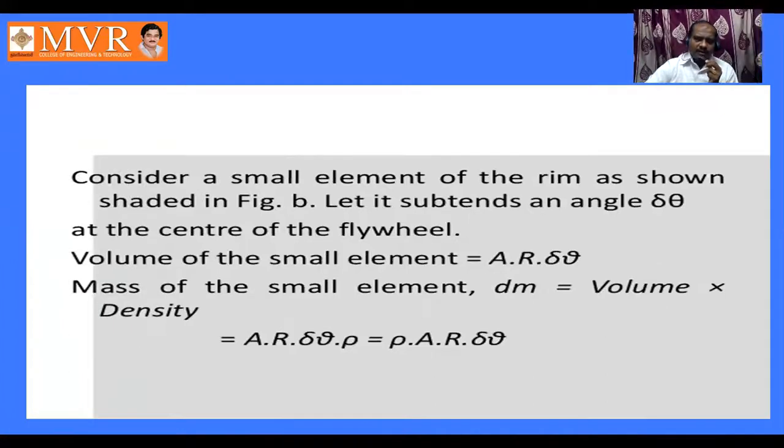Consider a small elemental area of the rim as shown in figure, that subtends an angle delta theta at the center of the flywheel. Volume of the small element is A into R into delta theta. Mass of the small element dm is equal to volume into density, rho into A into R into delta theta, where rho is the density of the material.